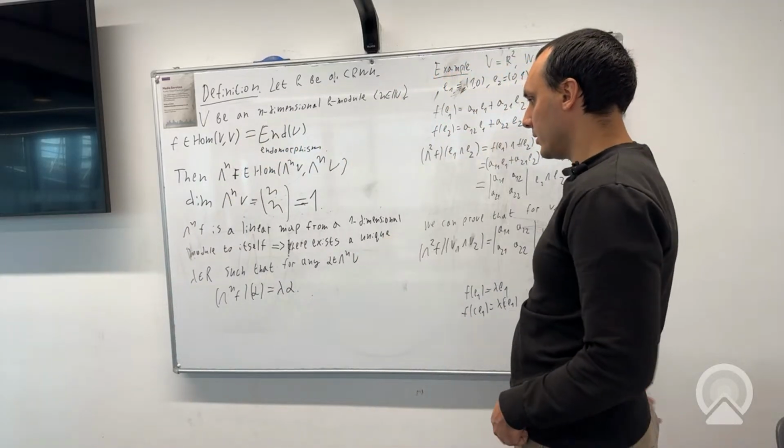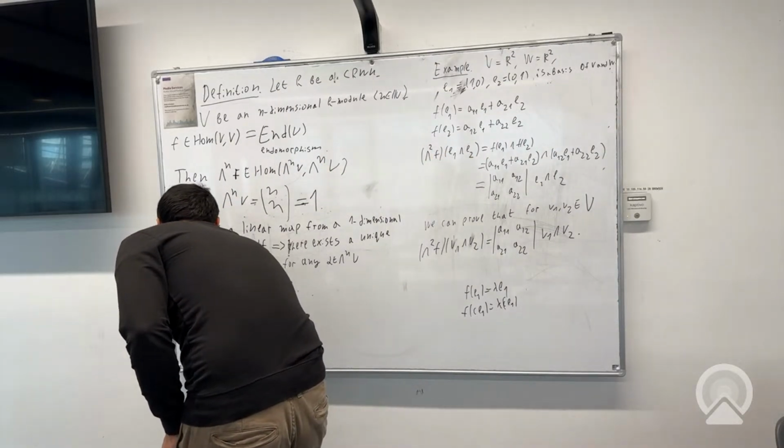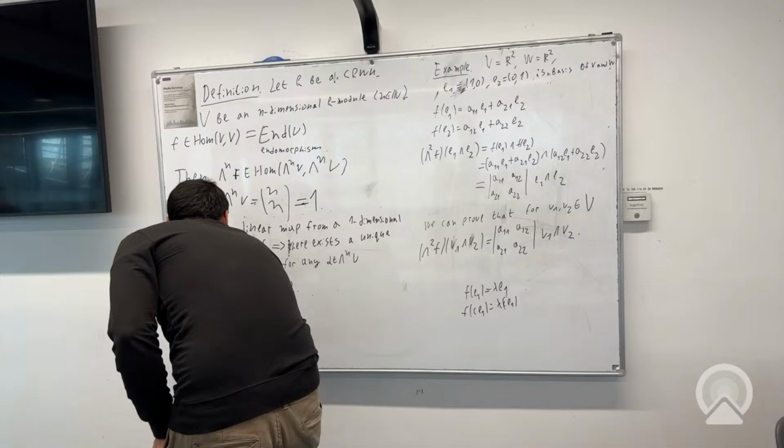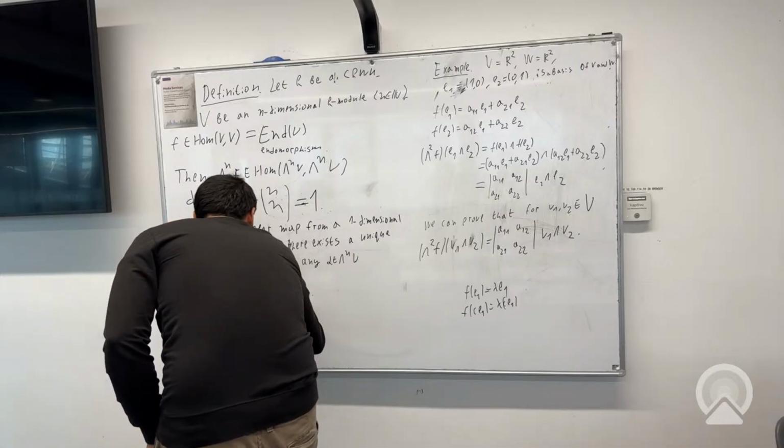And we call this lambda the determinant of F.